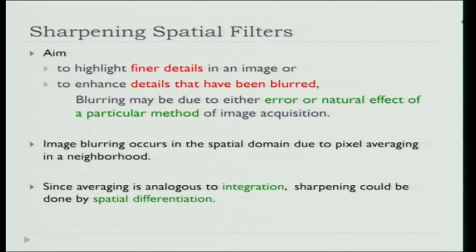So sharpening depends on the derivative, because blurring is the outcome of averaging, and averaging is nothing but integration, as we have discussed. So, based on how to obtain the derivatives and what the impact of the second derivative is, we also discussed Laplacian operators, the use of a Laplacian operator or filter to sharpen the image, and high boost filtering techniques.